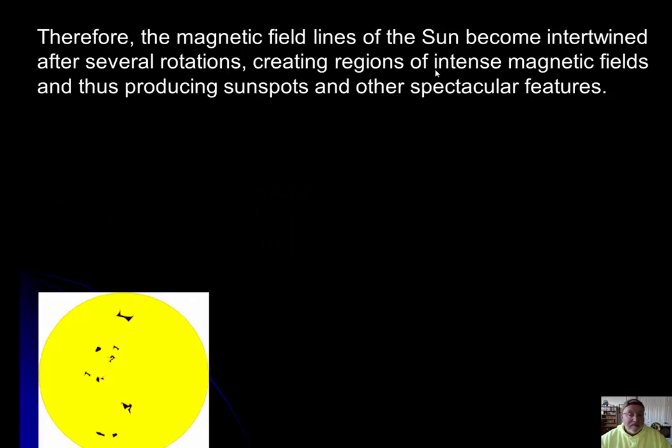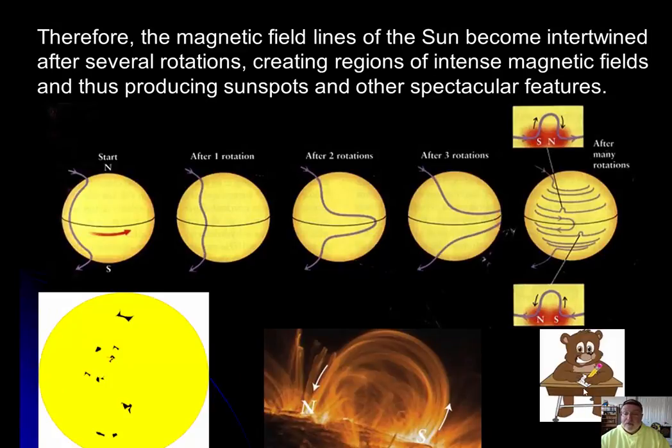Therefore, magnetic fields on the sun become intertwined. And I want you to try to draw as many of these pictures as you need. It looks like they start off in a nice straight line, but because the equator moves faster, this area pulls out in front and can actually lap the rest of it, and then it starts forming these inconsistencies, these little loops where the South Pole goes up and the North Pole goes down in the Northern Hemisphere, and the South Pole goes up and goes down on the North Pole for the Southern Hemisphere, but it seems to move in a clockwise direction for one and a counterclockwise direction for the other.